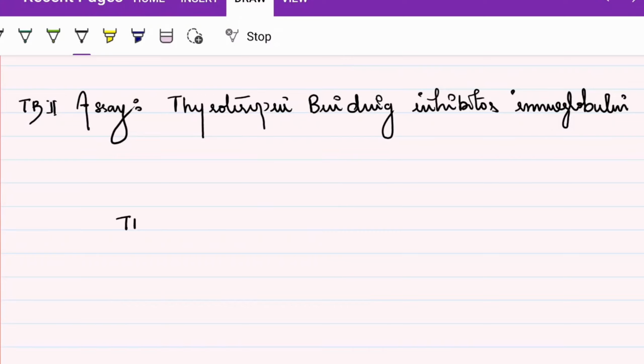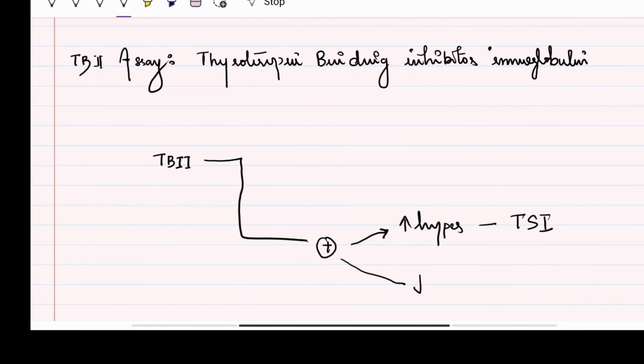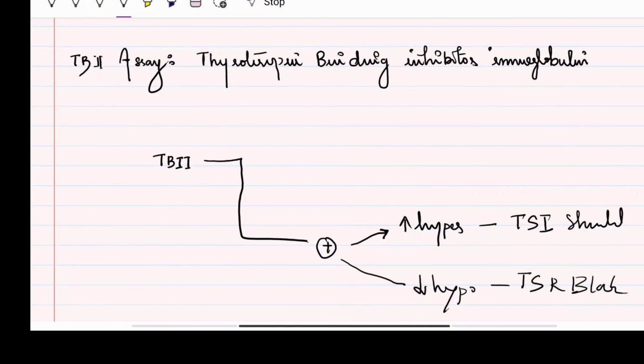If TBI is positive and along with that there is hyperthyroidism, then we could say that it is a thyroid stimulating immunoglobulin. If it is hypothyroidism, then it is a TSH receptor blocking antibody.